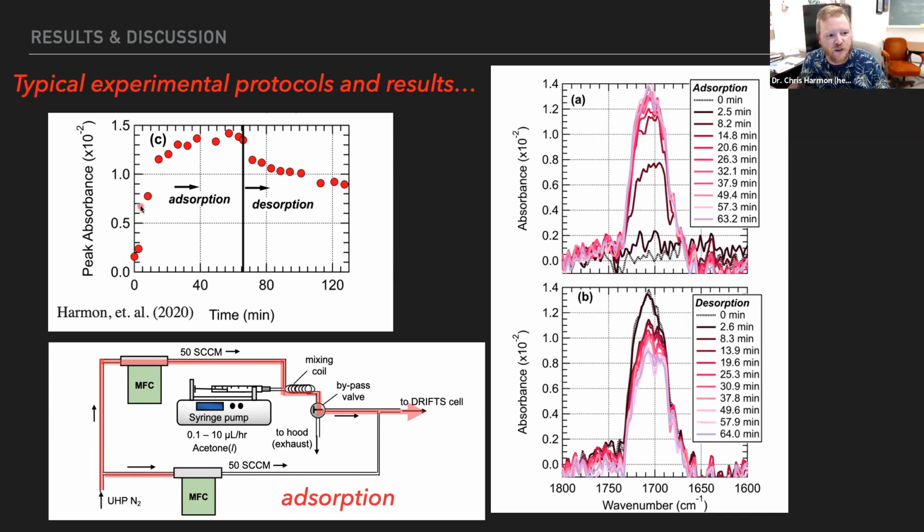It's going up and up and up, and then it achieves some type of equilibrium. Then we keep the same experiment going, and we switch it back into that baseline mode, which creates our desorption. On this desorption graph, the spectrum that's at 0 minutes here was the spectrum at 63.2 minutes, but now we're no longer flowing acetone, so the peak decays, all right?